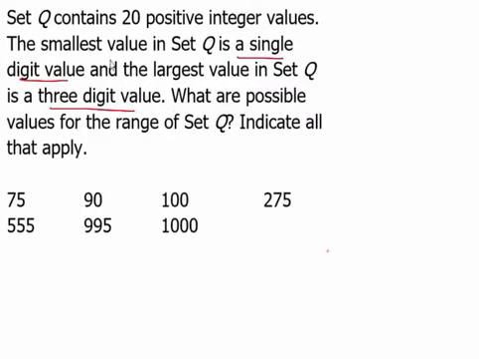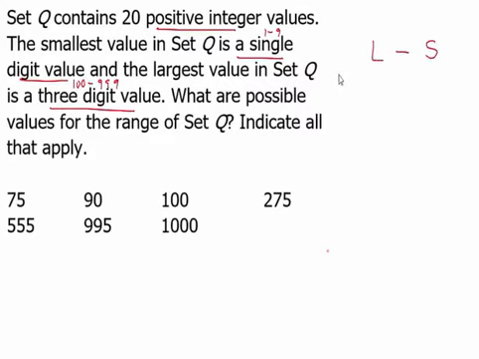The smallest value in set Q is a single-digit number, meaning it can be anything from 1 to 9 because it contains positive integers. And the largest value in set Q is a 3-digit number, which means it can be anything from 100 to 999. The range is the largest number minus the smallest number.